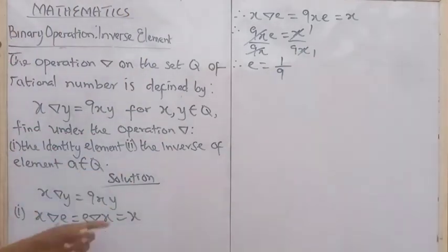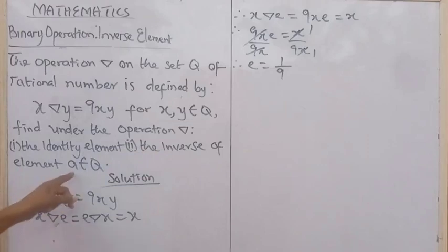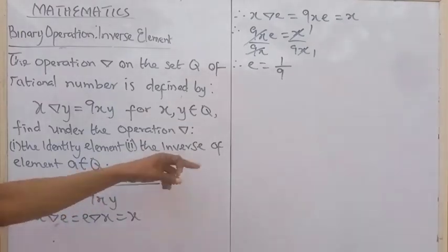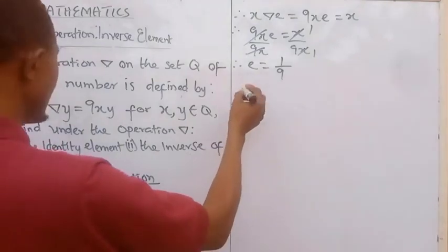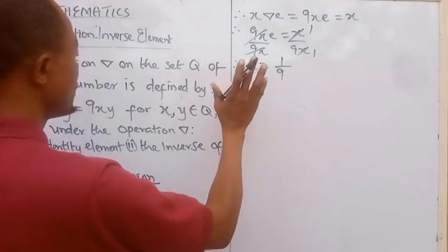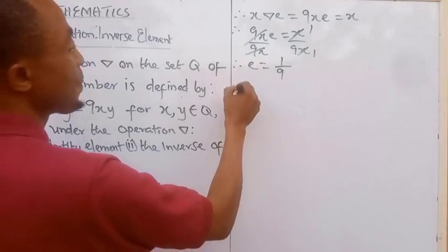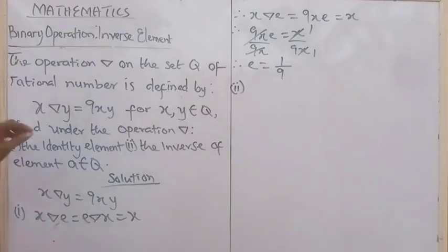Then Roman figure 2, we have to find the inverse of element a, element of Q. So we come back again and say that for inverse, the question we have here is having the elements x and y.